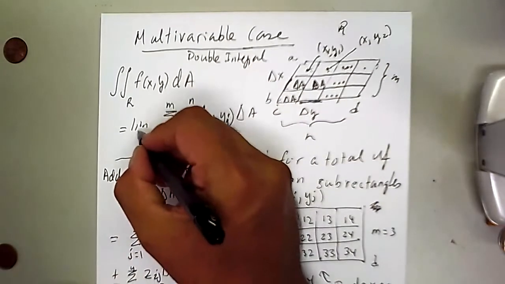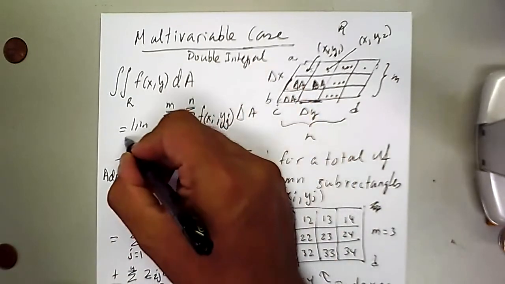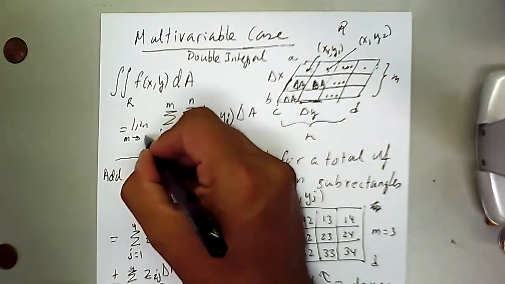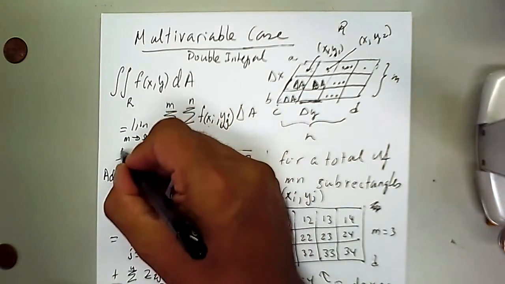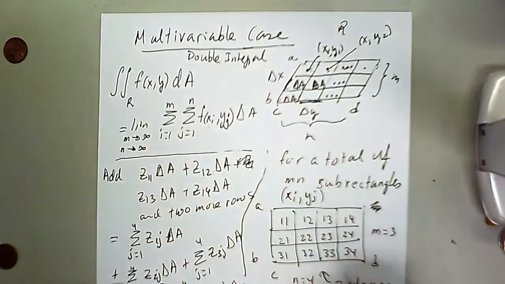And we have a double limit really, as m goes to infinity and as n goes to infinity as well.